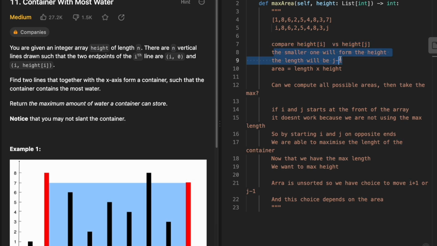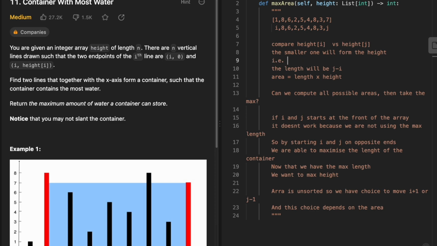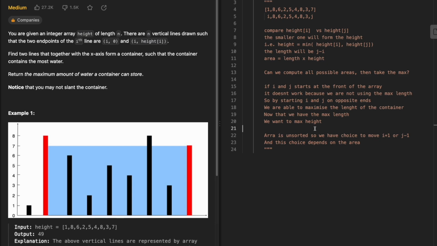The smaller one will form the height, i.e. height is the min of height i and height j. Right, so let's shrink this down.